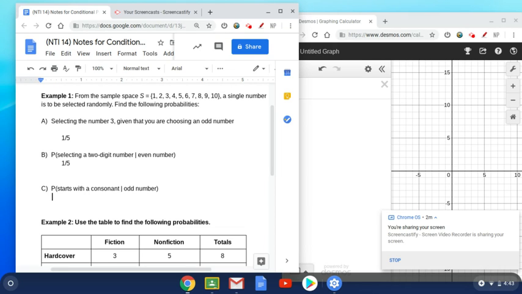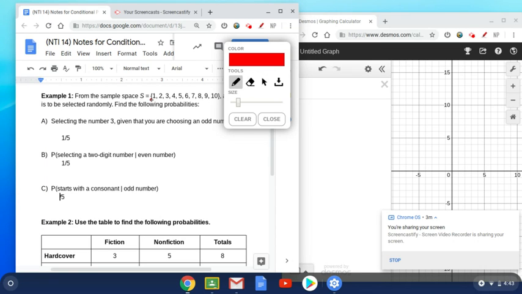There's only 5 of those, so the bottom of my fraction is going to be 5. Out of those 5 odd numbers, 1, 3, 5, 7, 9, and I'll underline those, out of just those 5 numbers, how many of them, if I spelled them out, start with a consonant?